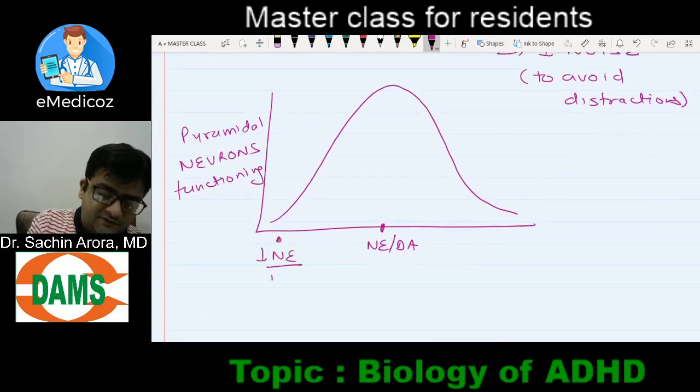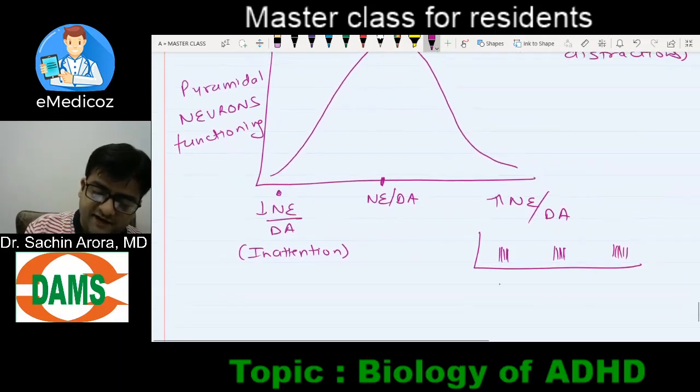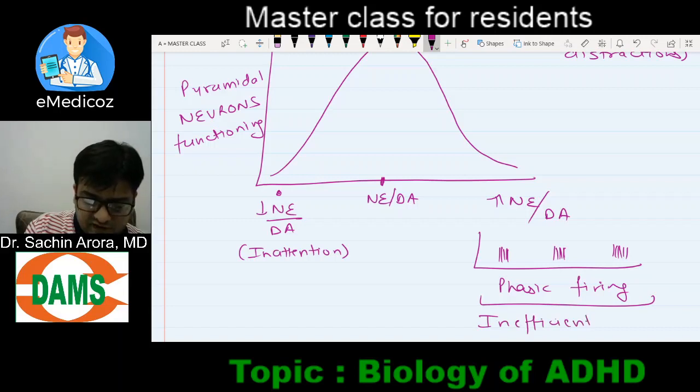Low norepinephrine and dopamine leads to inattention, and high norepinephrine and dopamine leads to phasic firing. Okay, this is again inefficient processing.